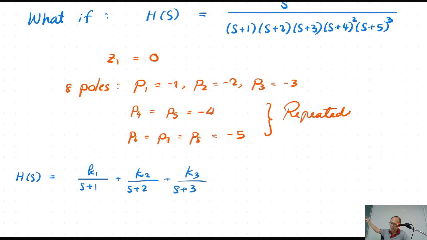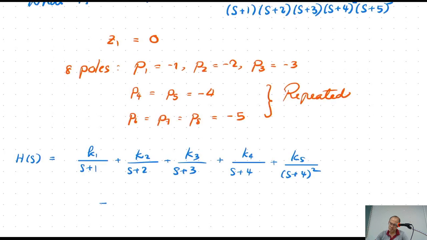And now for P4 and P5, you have to write it as this. K4 over s plus 4 plus K5 over s plus 4 squared. Okay, and the rest, 3 terms: plus K6 over s plus 5 plus K7 over s plus 5 squared, and then plus K8 over s plus 5 cubed.